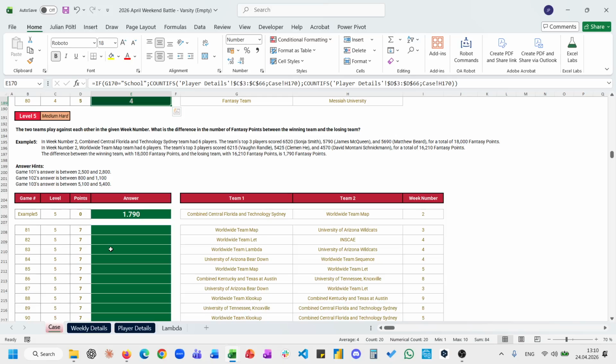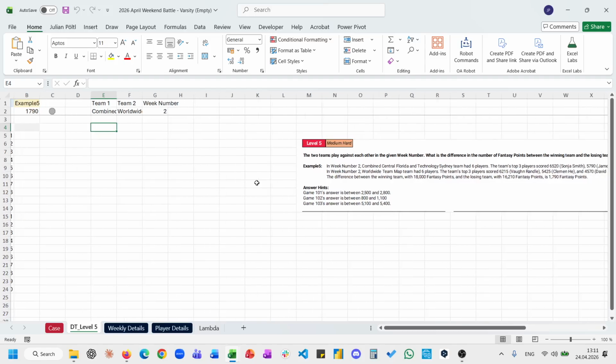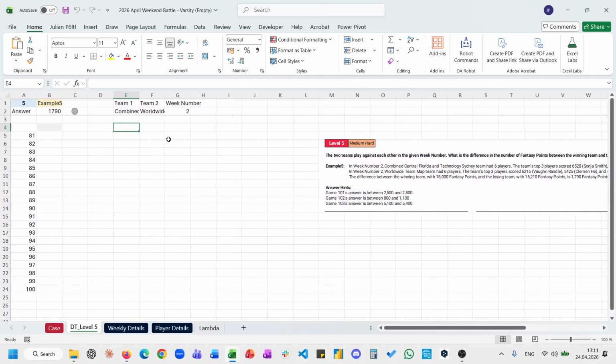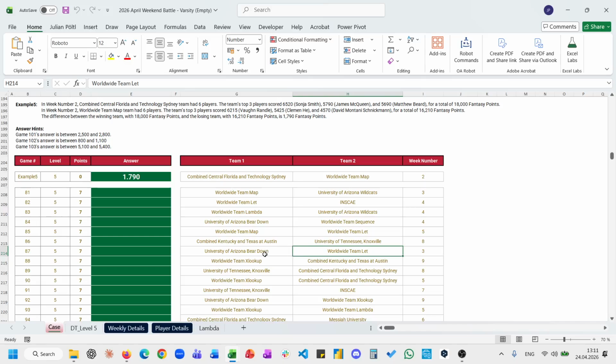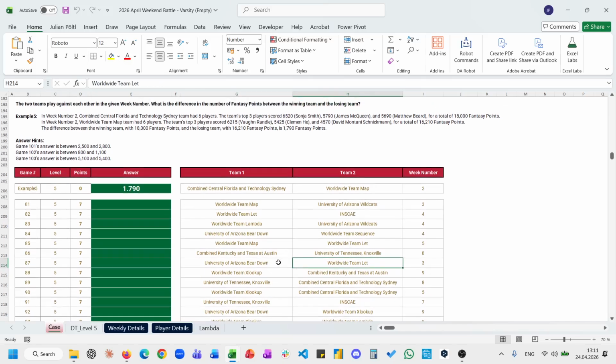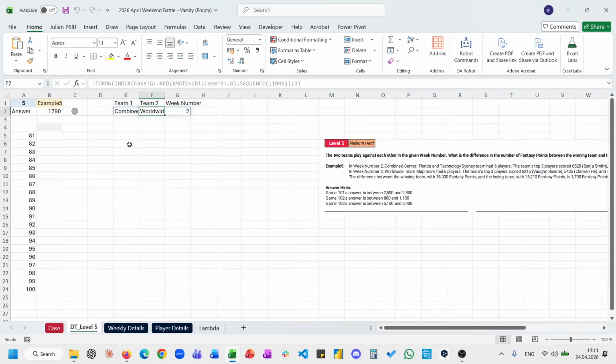Okay, data table. So 2 player teams are playing against each other. It's a mix of school teams and other teams.